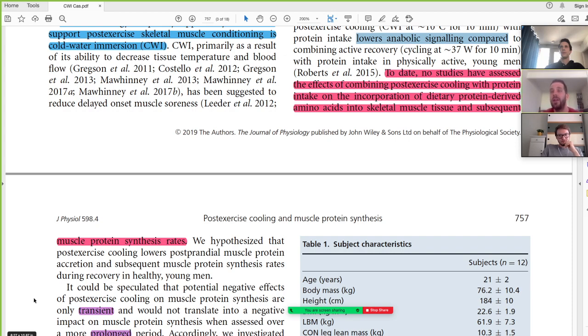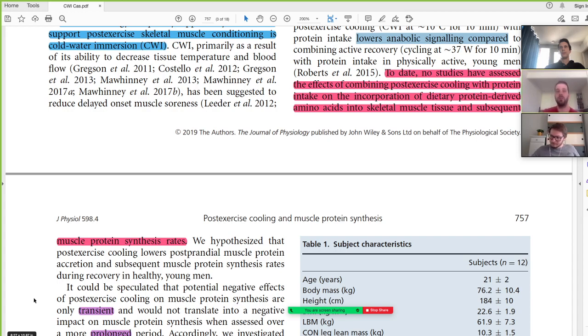So very likely there is also a reduction in the building blocks, the amino acids that come from your protein drink, which you just explained in your nice explanation, Jorn, with the figure. That potentially gives less of the building blocks that can be used for muscle protein synthesis.